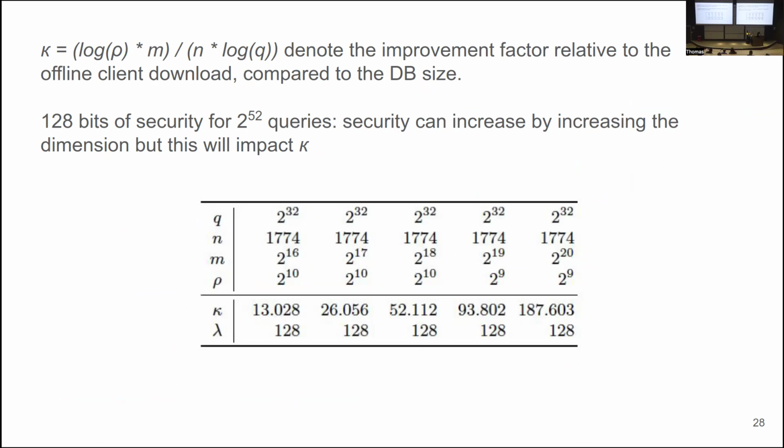The security can increase by increasing the dimension, but this will impact a parameter we call kappa. What is kappa? It's just the improvement factor relative to the offline client download compared to the database size. So of course you can make this a little bit nicer and maybe increase the dimension a little bit, but then again, that is going to have some impact on your offline costs.